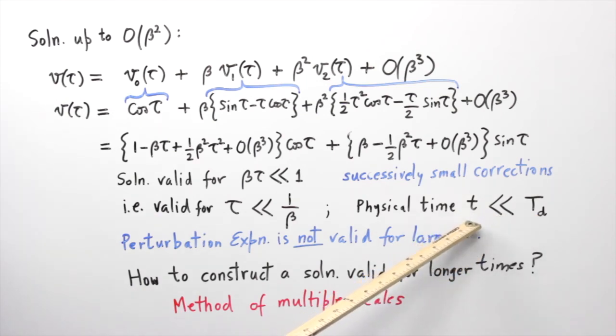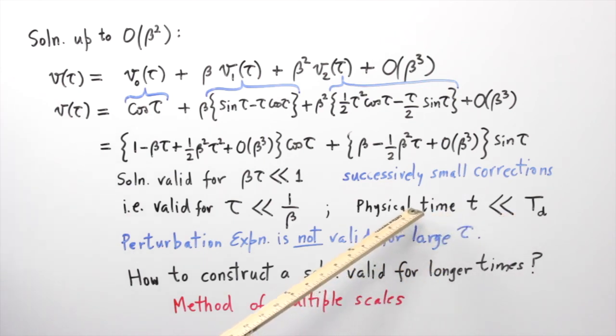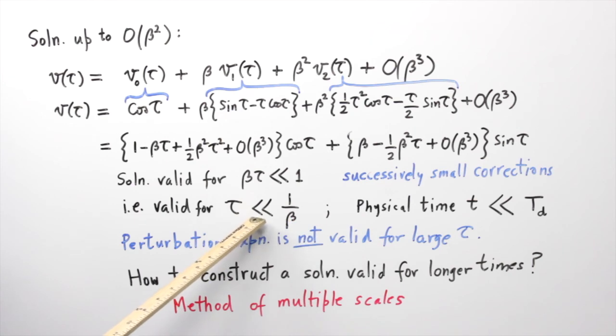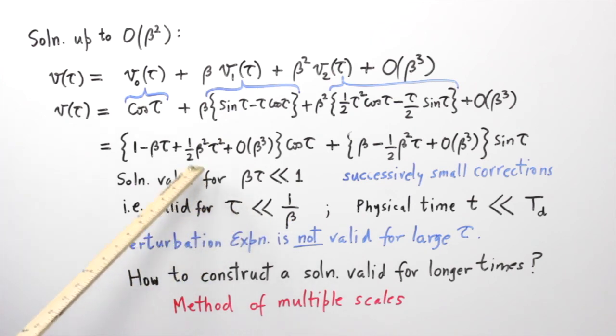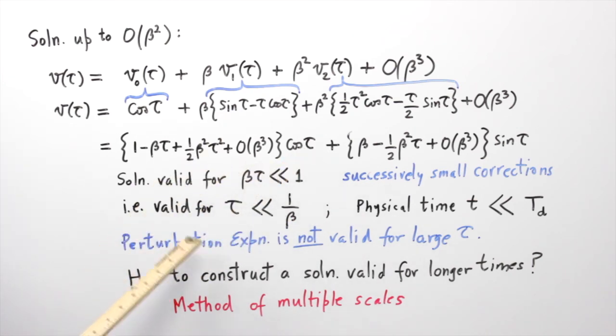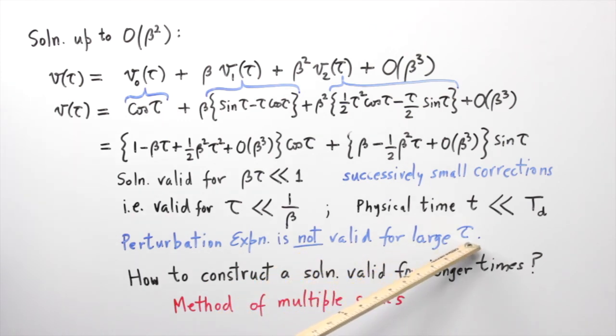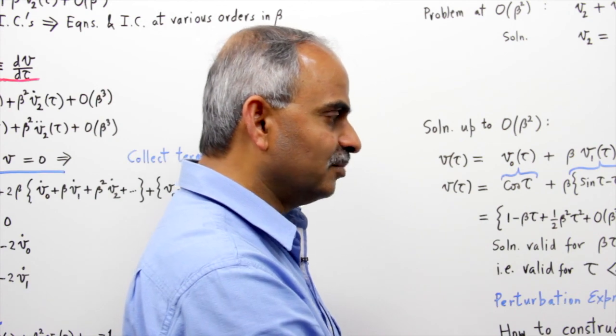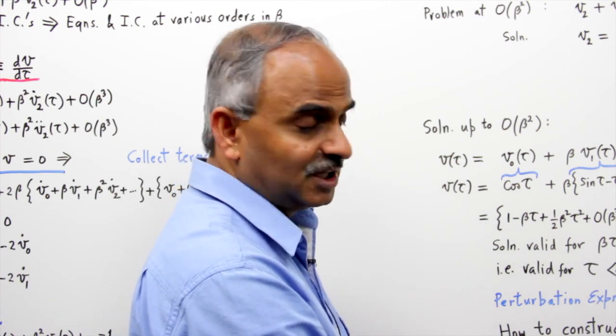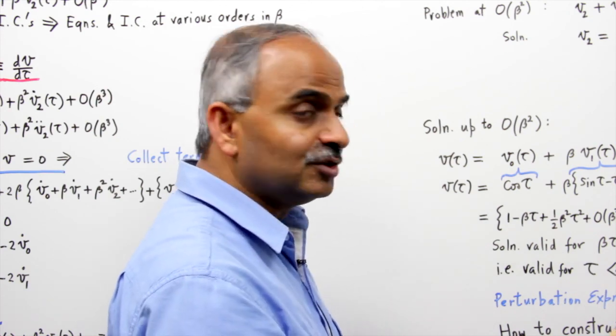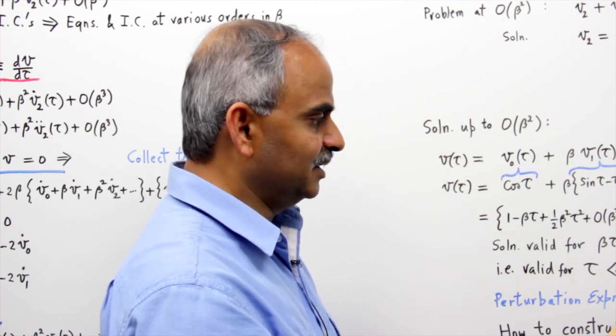So provided time is much less than the damping time, not a whole lot of damping would have occurred, and therefore the effect of damping is a small correction and can be computed in this way. Another way to say this is that this perturbation expansion that we have obtained is not valid for times that are arbitrarily large, in particular large or comparable to the damping time scale. This solution is valid for short times compared to the damping time scale.